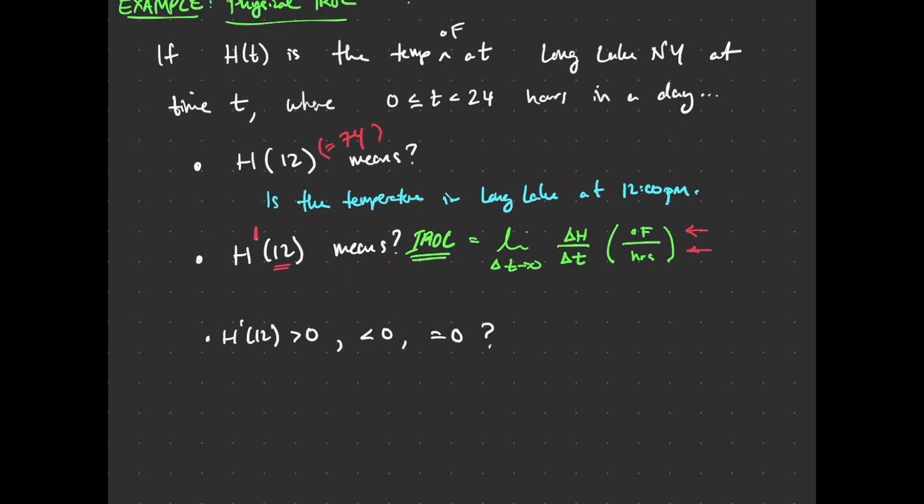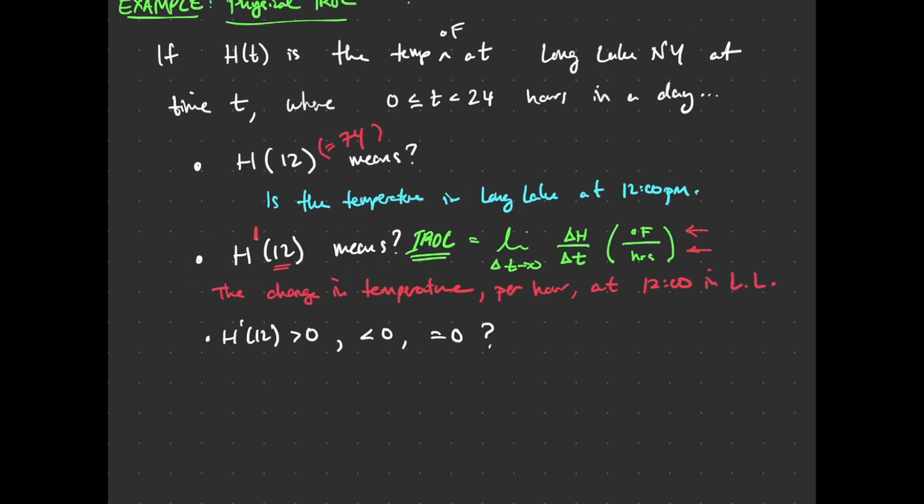So h prime of 12 really means the change in temperature per hour at 12 o'clock in Long Lake.